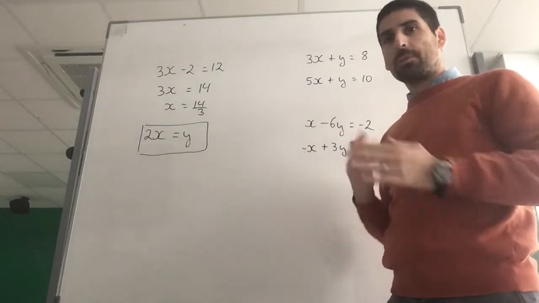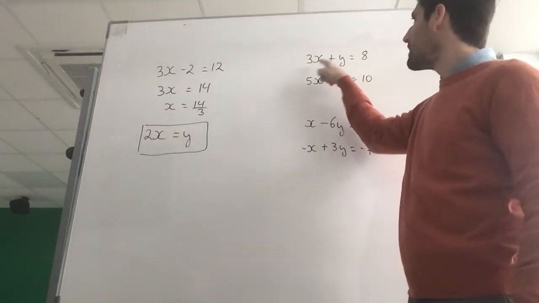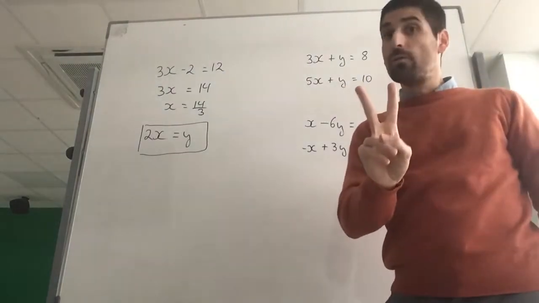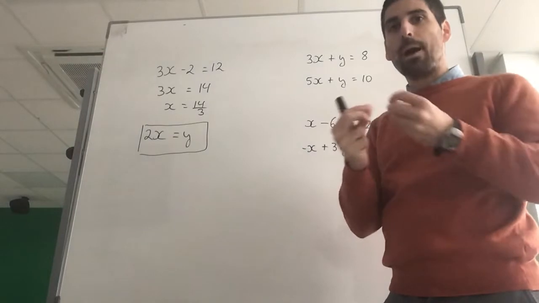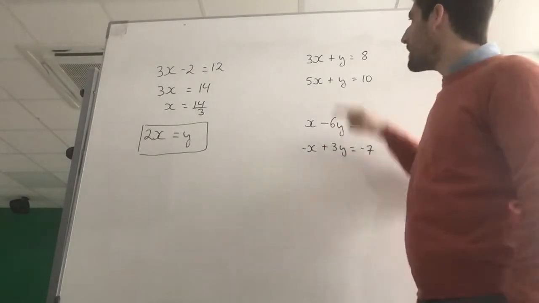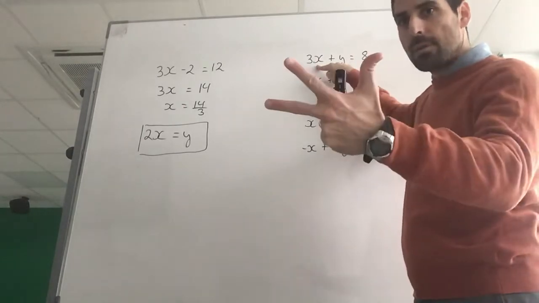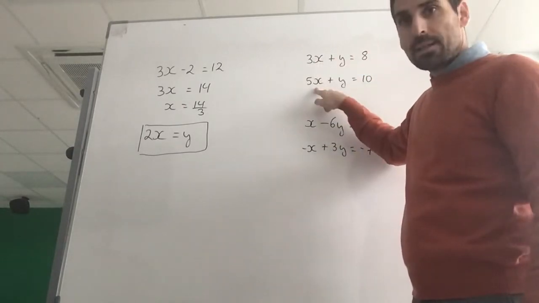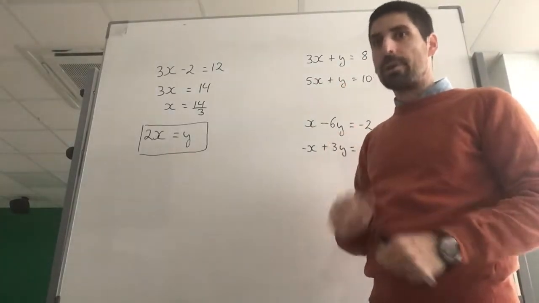Okay? Now, steps to solve simultaneous equations. Number 1. Find out of the two variables of which one have you got the same amount of? How many x's have I got in the first equation? 3. How many x's have I got in the second equation? 5. So that's not the one I'm looking for.